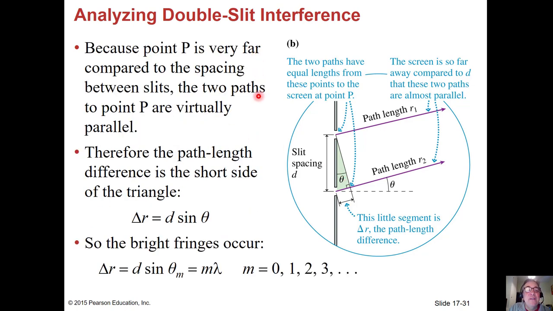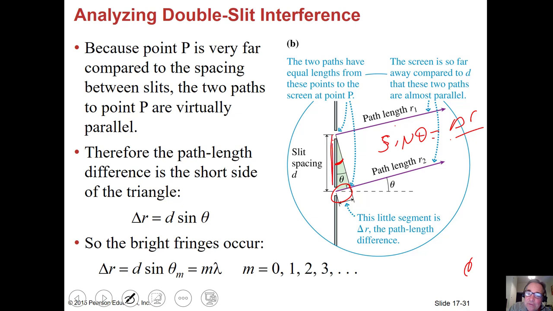Because point P is very far compared to the spacing, the two paths to P are virtually parallel, as we said. Therefore, just looking at the trigonometry of this, the sine of theta would be delta r over d. Again, this is theta. So the sine of theta is the opposite side, which is what we're calling delta r, the path length difference, over the hypotenuse, which is actually this side, d.